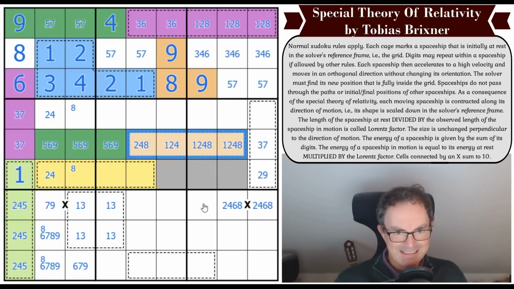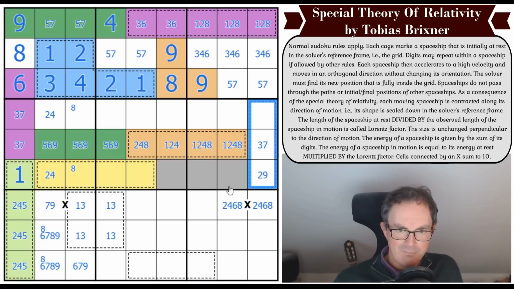I don't know what to do. Is it one of these other ones? We know these are 3s becoming 2s, don't we? So they're in a 1.5 relationship in terms of energy. I mean, that just feels horrifically open-ended, I have to say.